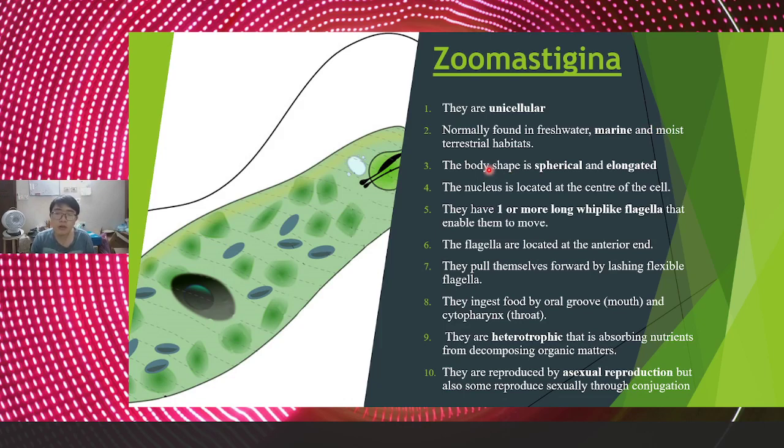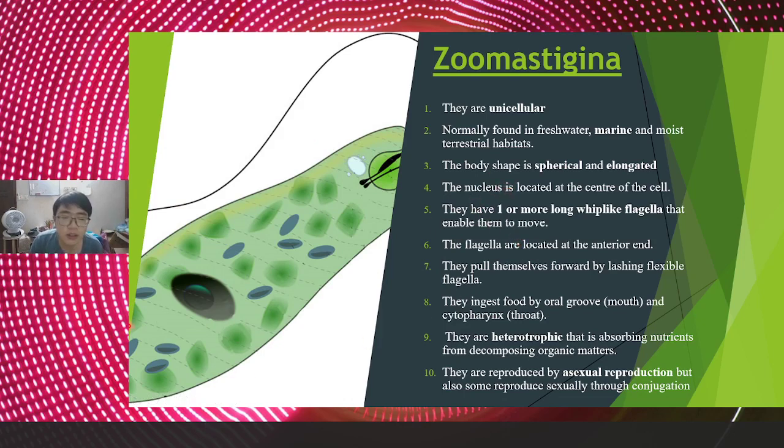And then the body shape is spherical and elongated. If you see this example of these cells, it is spherical but elongated, like a rectangular shape, but it is not rectangular because it has a slight curve, so it is considered spherical, but a long spherical.